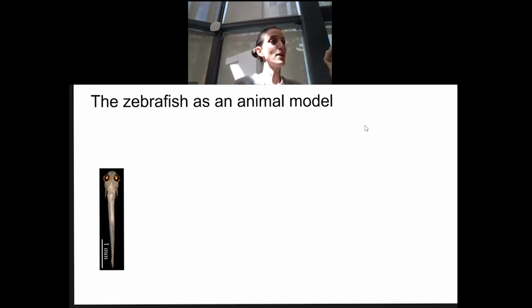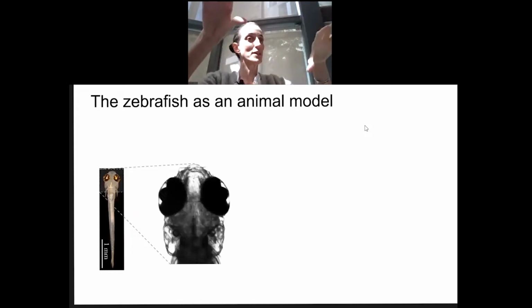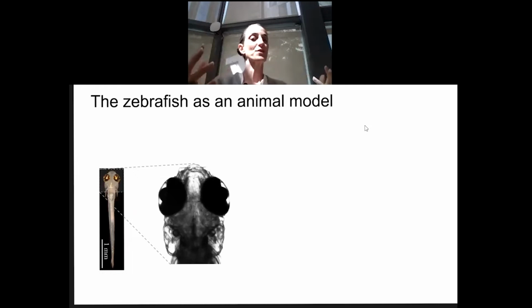Okay, so if we look at this fish, now this fish is very, very small. When I say fish, people think about a fish, but this fish is actually 4 or 5 millimeters long and 0.5 millimeter wide, so it's super tiny. And if we zoom in onto its head, we see two very big eyes because this fish is very visually guided. Most of the behaviors that this fish elicits are driven by vision.